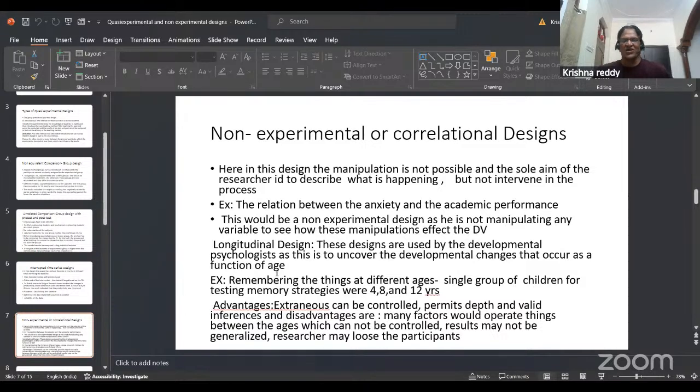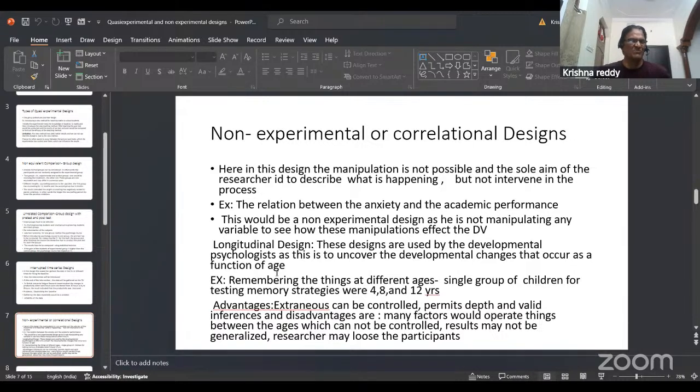Many factors from the 4th year to the 12th year, there would be many changes occurring. The candidate may not be available, and he may also escape or disappear. He may not cooperate. Whenever the experimenter comes for observation, he may not answer. He may not cooperate for conducting the test.